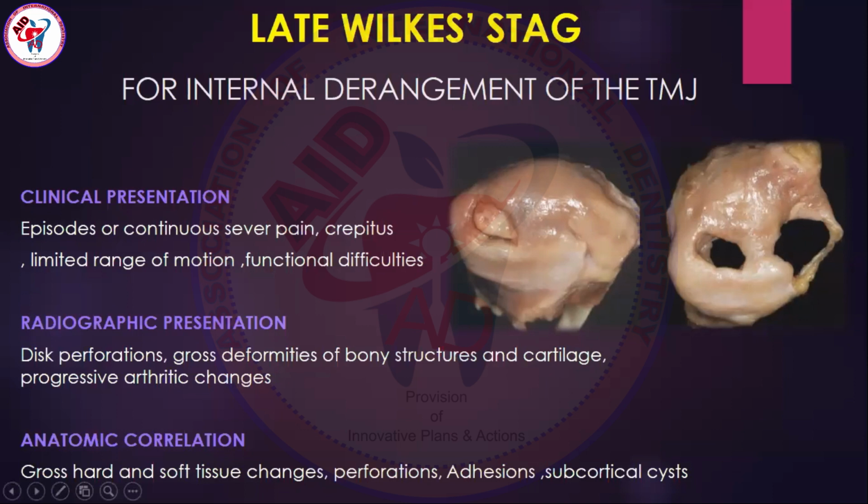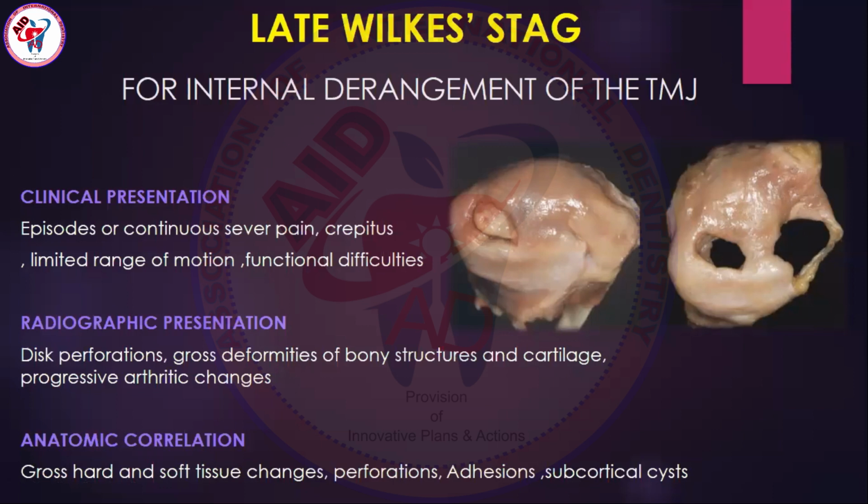Radiographic presentation: disc perforation, gross deformity of the bone structure and cartilage, progressive arthritic changes. Anatomical correlation: you will see gross hard and soft tissue changes, perforation, adhesion, and sometimes cystic appearances also.